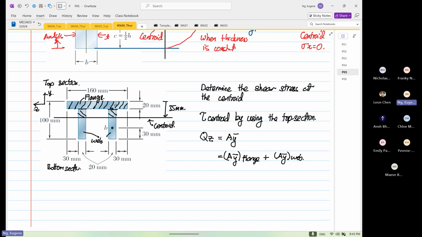Okay. So when that's the case, we tend to do the width, depth, y bar. Okay. So the width is 160 for the flange. The depth is 20. And then the y bar is equal to what? The y bar is equal to 35 plus 15 multiplied by half.